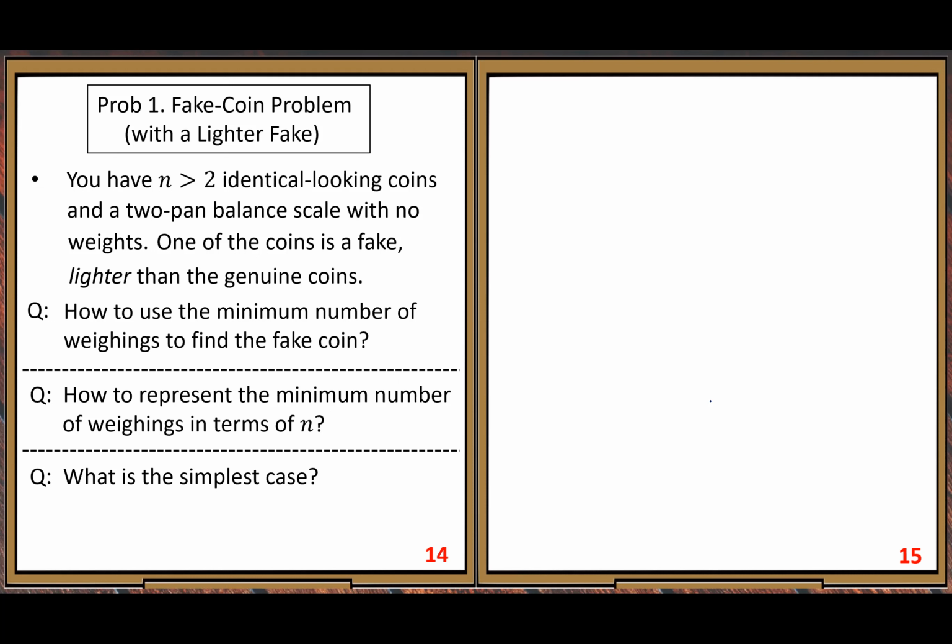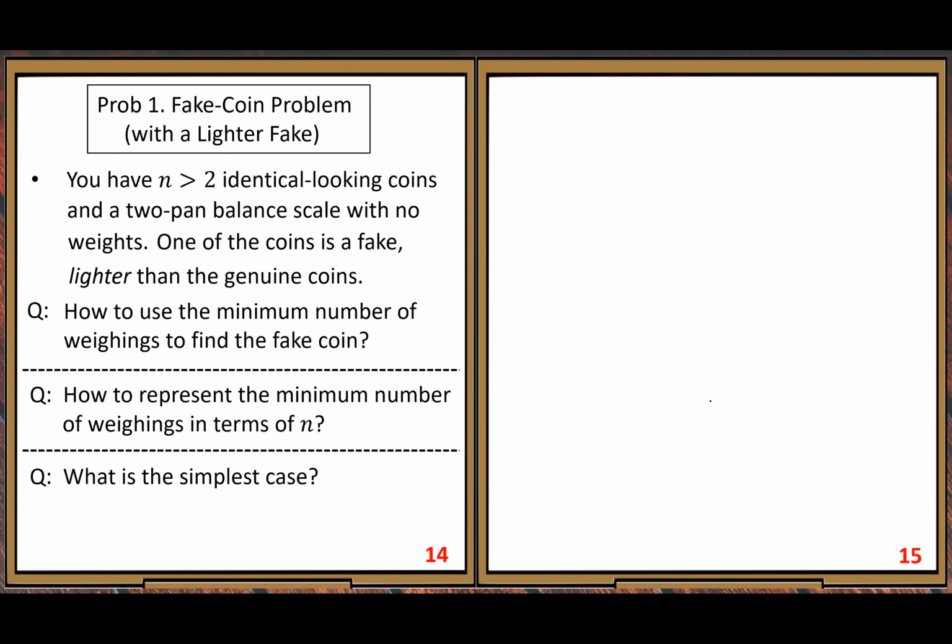Whenever we split a group of coins, we assume the number of coins in that group is a multiple of 3. Is that the easiest case? That's the best thing we can ask for. That corresponds to n equal to a power of 3, because when you divide n by 3, it is always a multiple of 3.